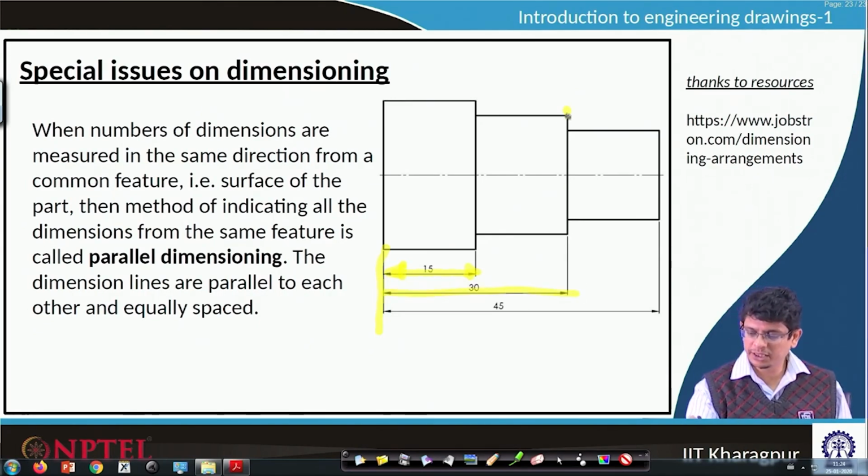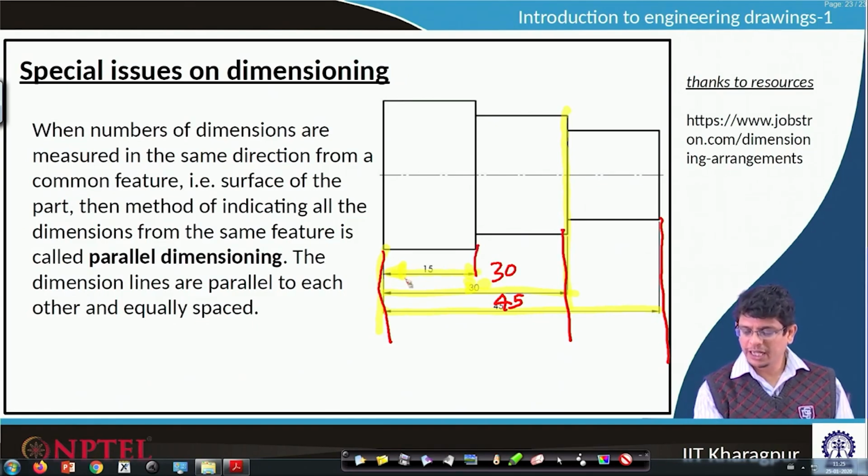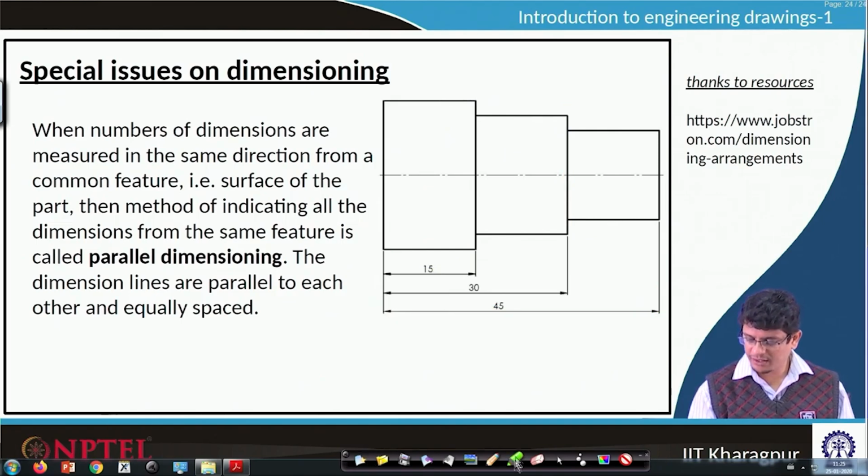Similarly, from that reference base, this one is at 30 units. Similarly, from this reference base, we have it at 45 units. So, with this reference, it is quite easy to represent up to which length, especially if we are showing this one, this one, this one. Look at this, these are parallel with each other.